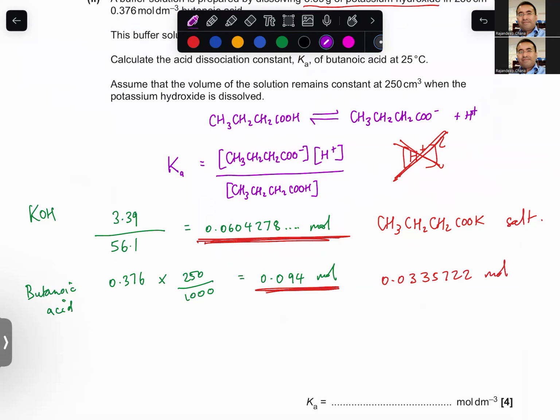And now we work out the concentrations of both. The total volume is 250. So let's just call it the salt concentration is equal to 0.0604278 over 0.250, the volume in decimeters cubed.